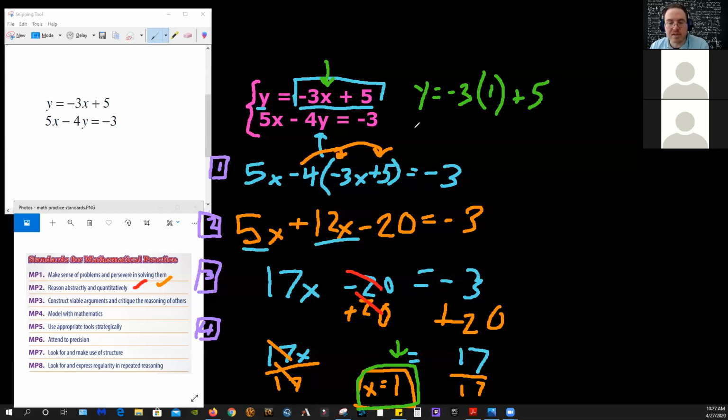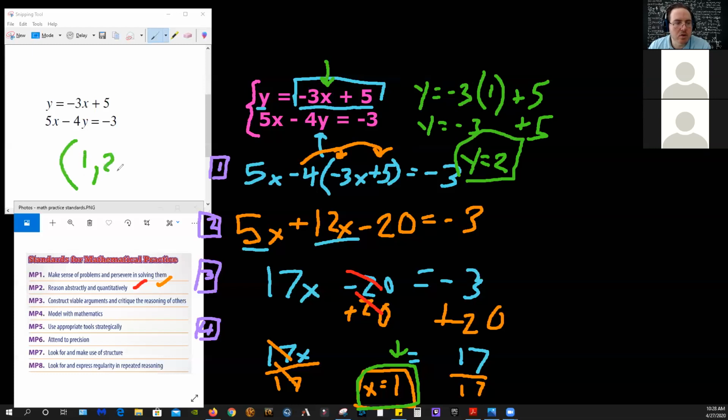So -3 times 1 is still -3. And then we add 5. So what is -3 plus 5? I believe the answer is 2. Yep. So now we have both x and y. So the answer for this, the place they crisscross, is at 1, 2.